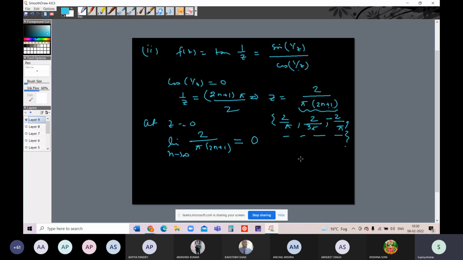As n is becoming larger and larger, the singular points are coming close to 0.